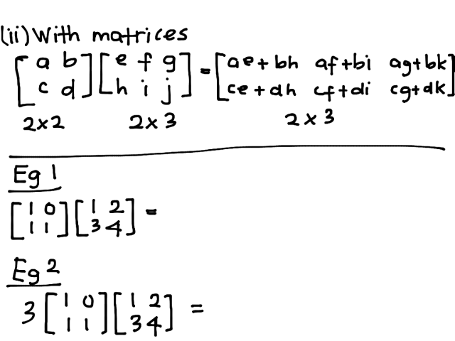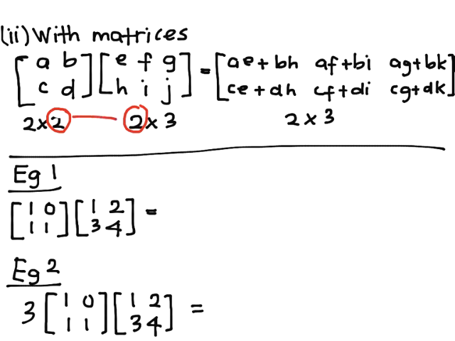Whenever we are dealing with multiplication of a matrix with a matrix, we need to first consider the size of our matrices. The rule is that the number of columns of the first matrix should have the same value as the number of rows of the second matrix. Sorry, I will represent this with a red color. The first matrix column is 2, and this should be the same as the second matrix row, which is also 2.